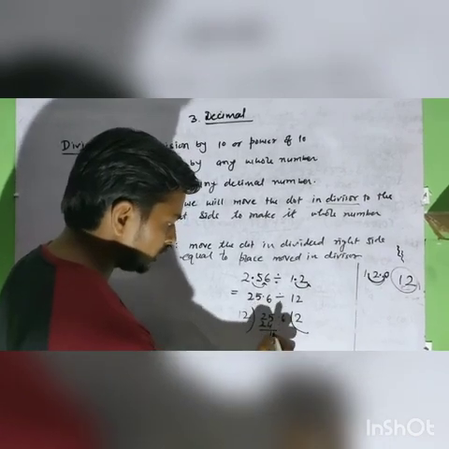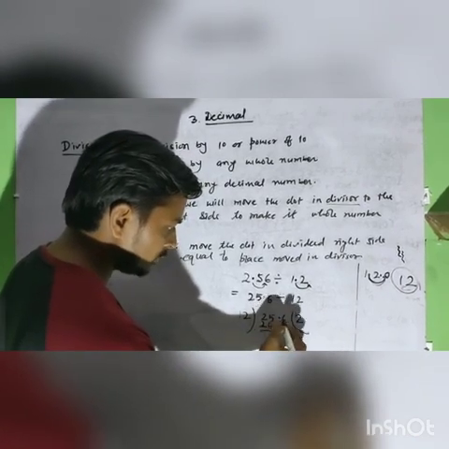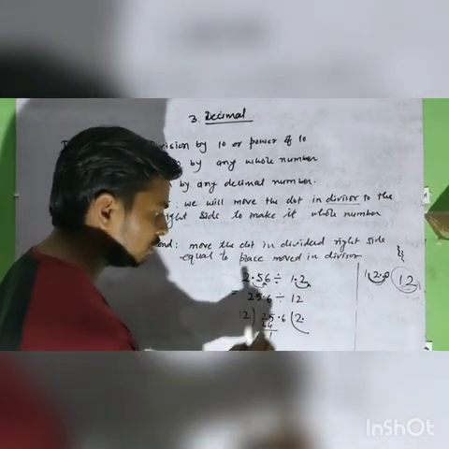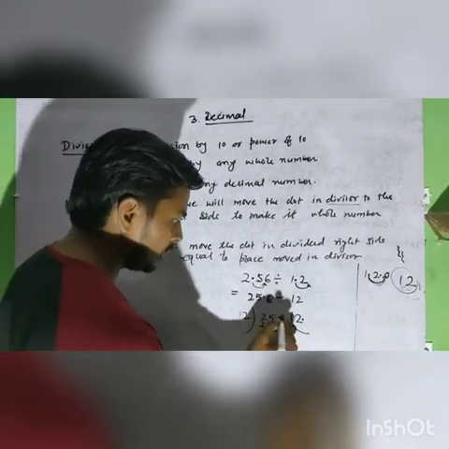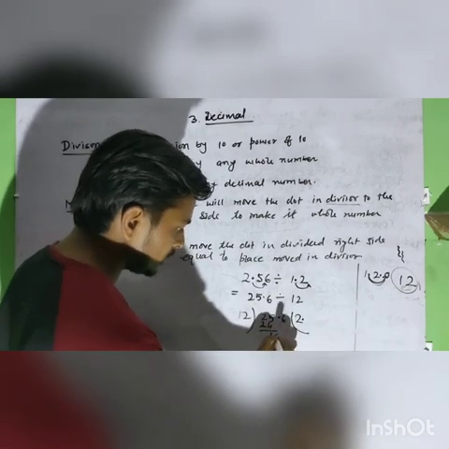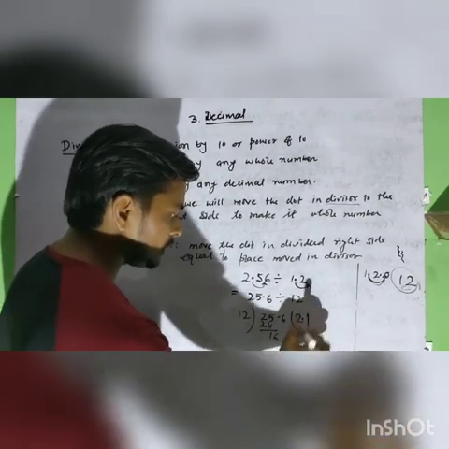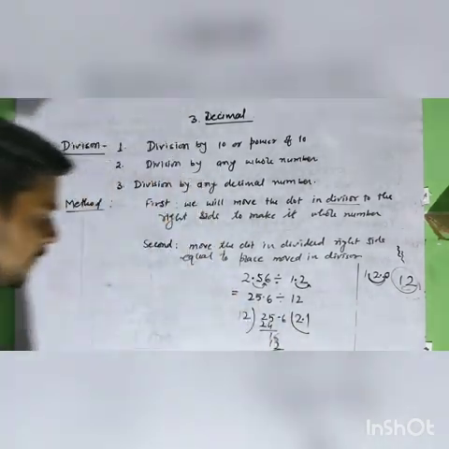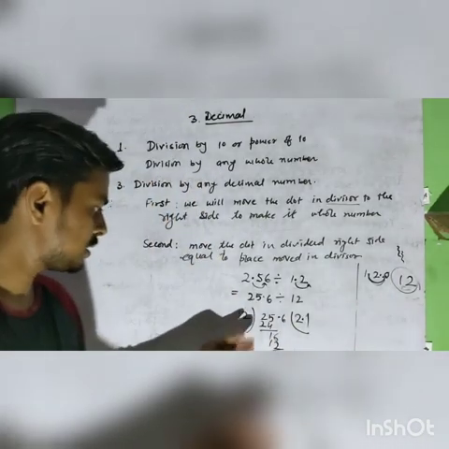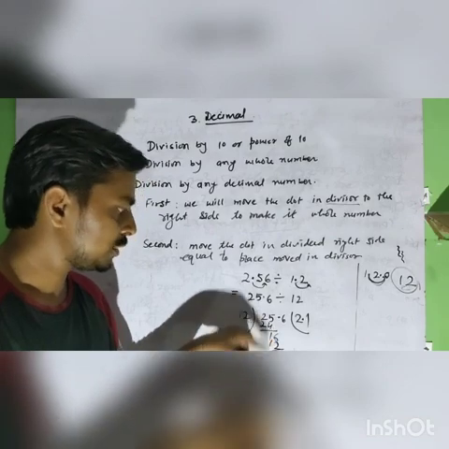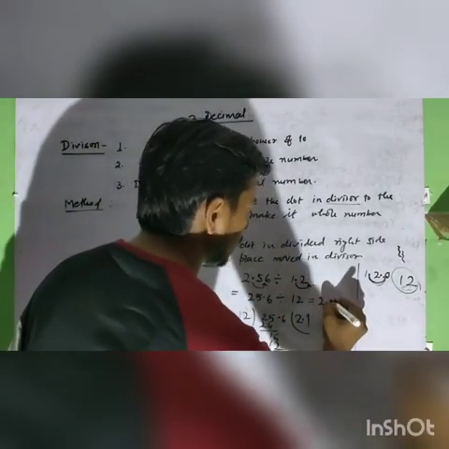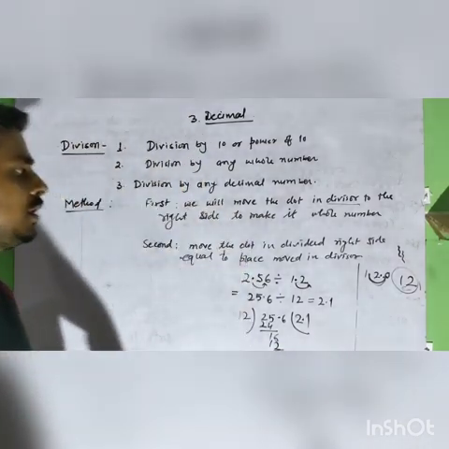Now again the decimal will come here. Simple division we will do, so this decimal will come here. Now 6 will be copied. 12 1s are 12. The 4 is remainder. You can do it easily on your board. So this will become 2.1. So this is the method.